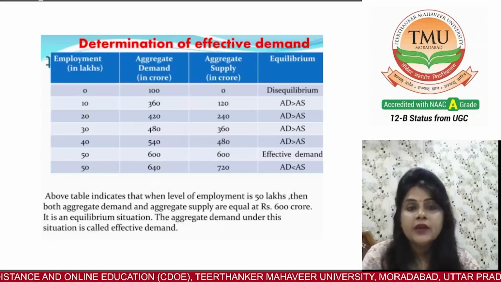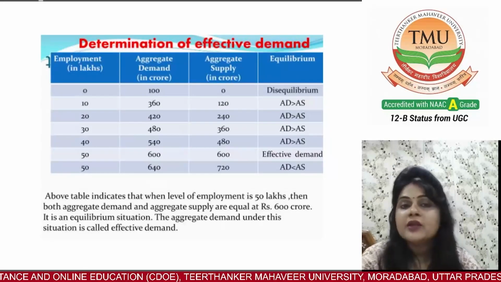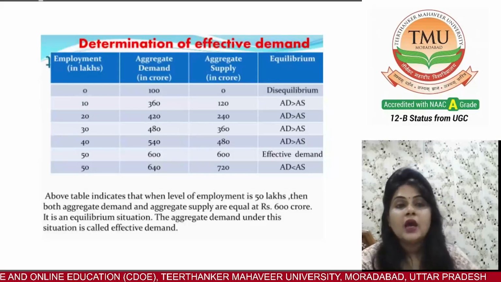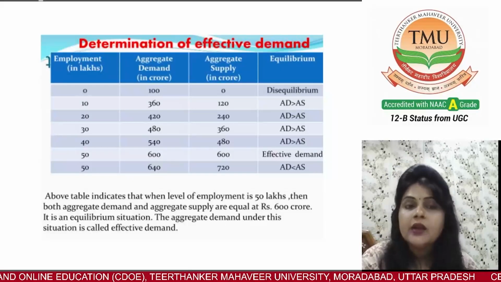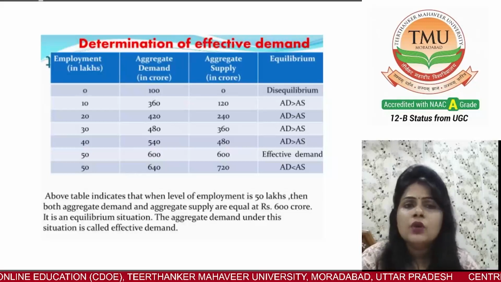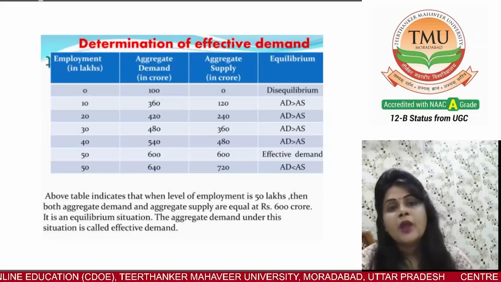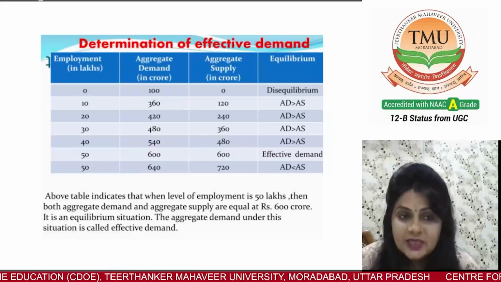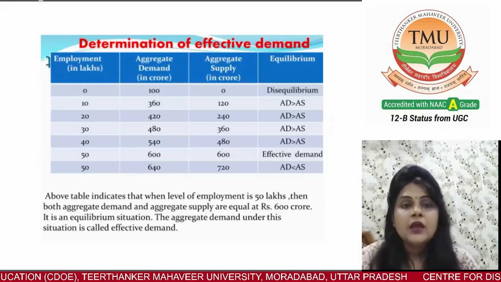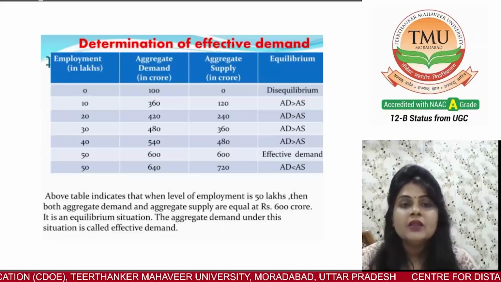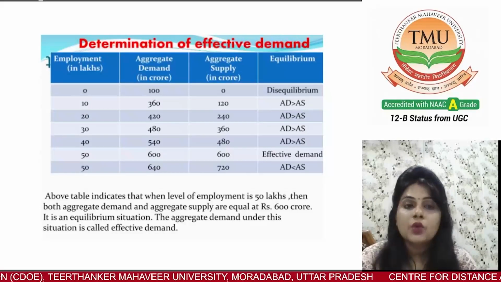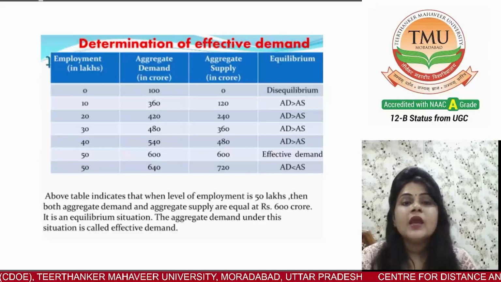The level of employment at the point of effective demand is, however, not necessarily one of full employment, but an underemployment equilibrium. If the entrepreneur tries to provide more employment after this point, the aggregate supply price exceeds the aggregate demand price, indicating that the total cost is higher than the total revenue, and there are losses.